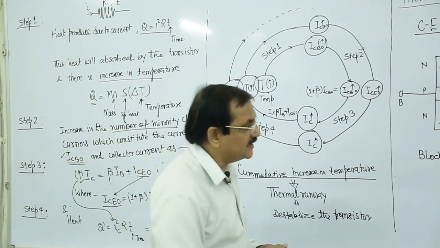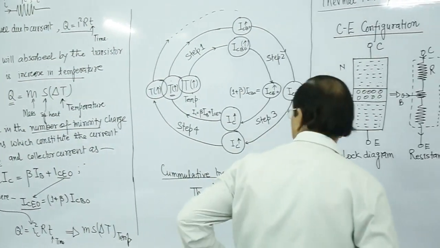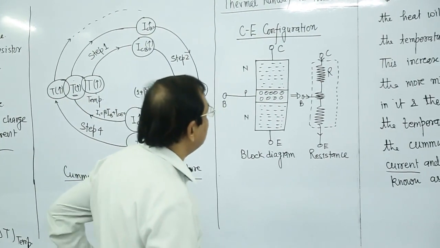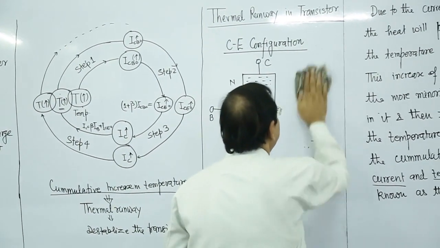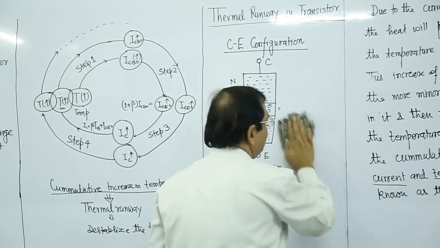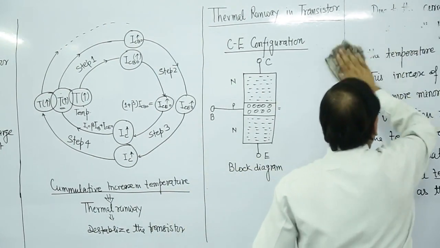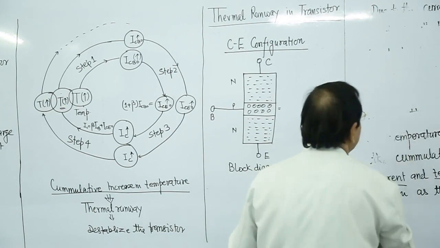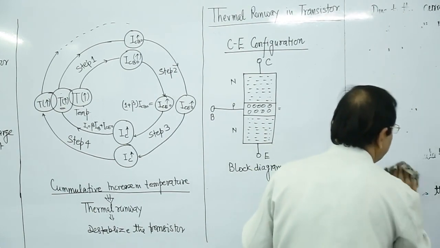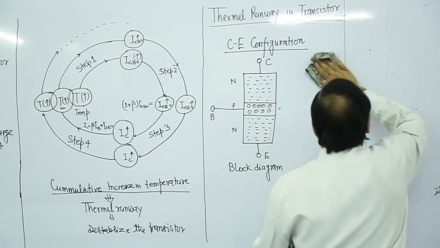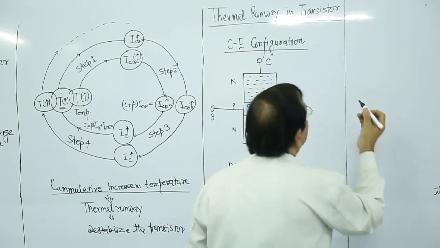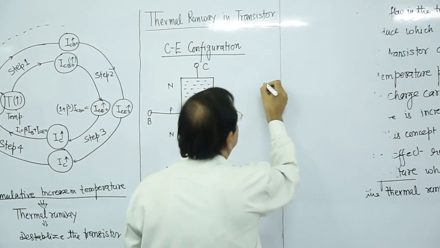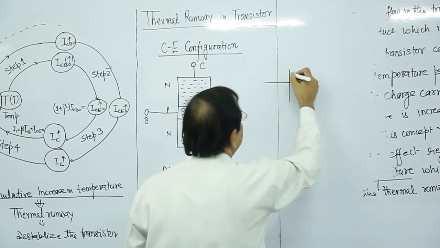So let us consider one circuit of the transistor that is sketched this way. In case of common emitter configuration, let us see the example. Suppose this is a transistor.